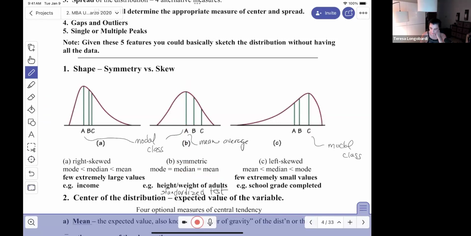I add up all the numbers and I divide by how many there are. So this is going to use all the values in the calculation, right?